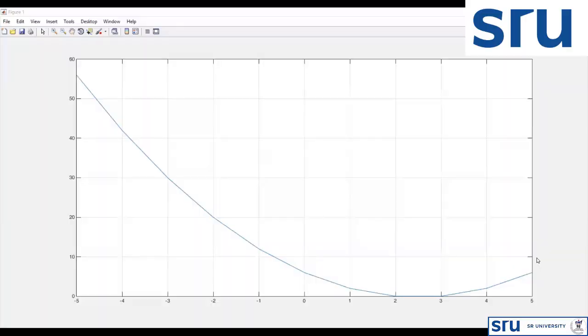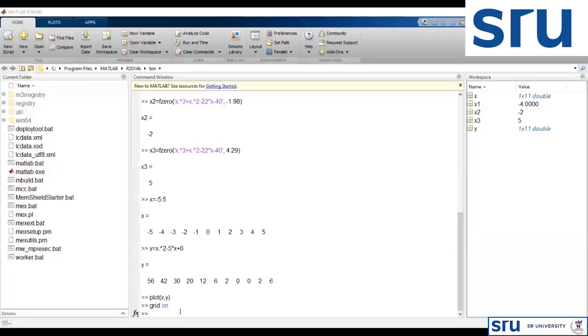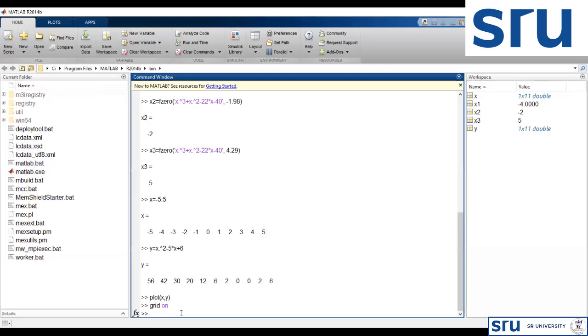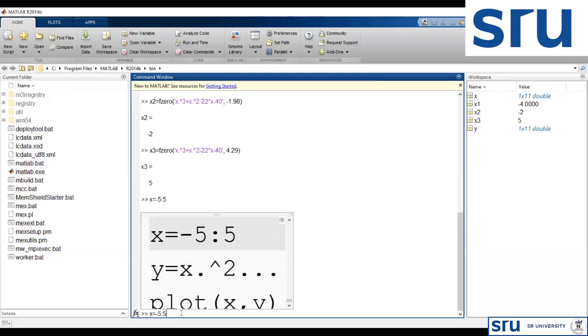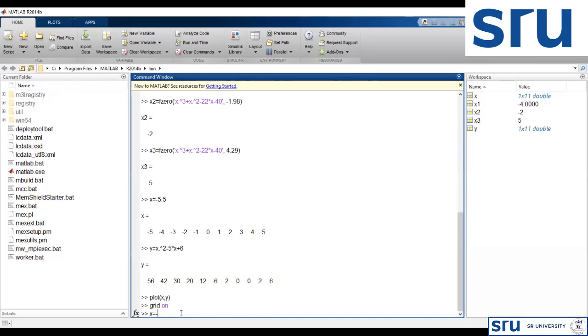Wait a second. Here the limit is not properly taken, so I will take minus 10 to 10. Go to MATLAB, I just have to change the x value, minus 10 to 10.